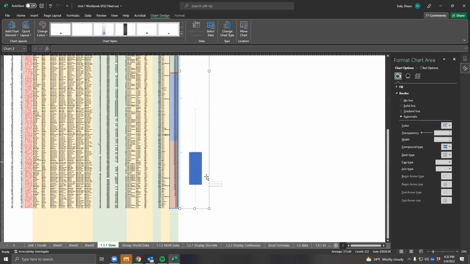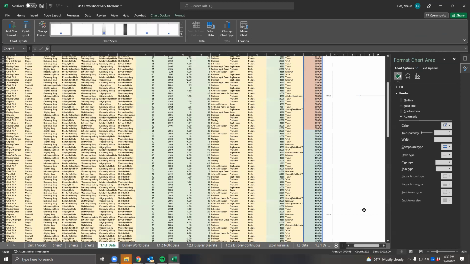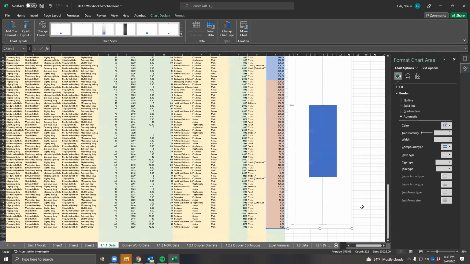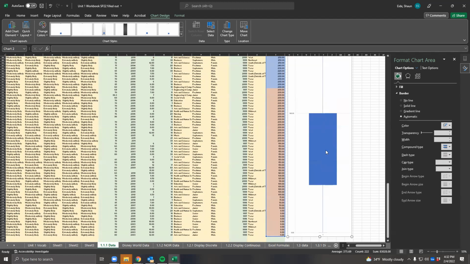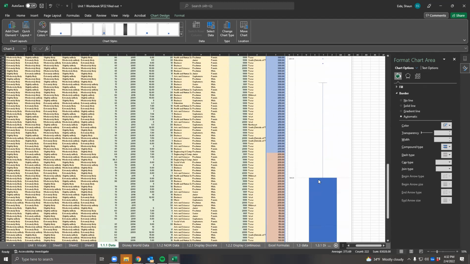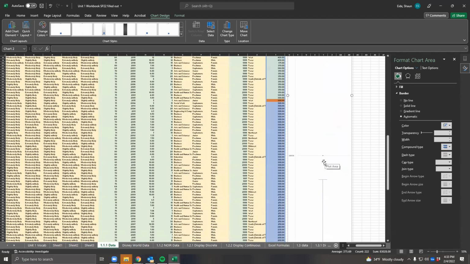But you'll notice that this right here is the smallest. So Q2 has the smallest range. Q1 has a pretty large range. Q3 has a pretty large range, and Q4 has the largest range. And then these are the outliers above Q4.